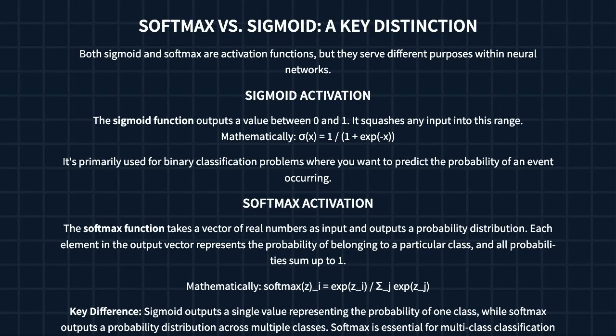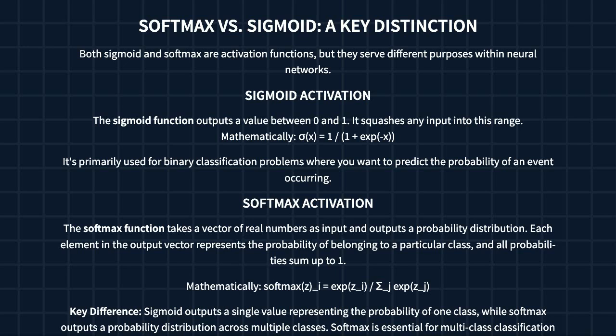Okay, let's talk about sigmoid and softmax. They sound similar, but they have very different roles. Sigmoid is a classic activation function that squeezes any input into the 0 to 1 range, making it perfect for predicting probabilities in binary classification scenarios, essentially asking, is this an example of class A? Now, softmax takes things a step further, especially when you're dealing with multiple classes.